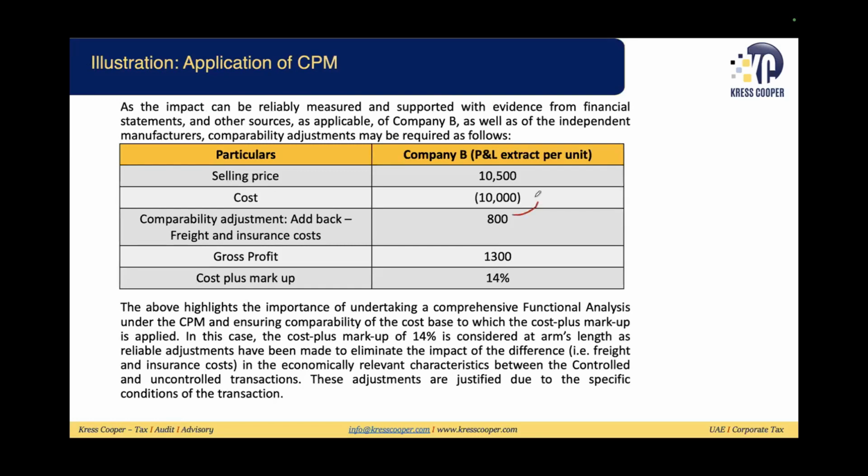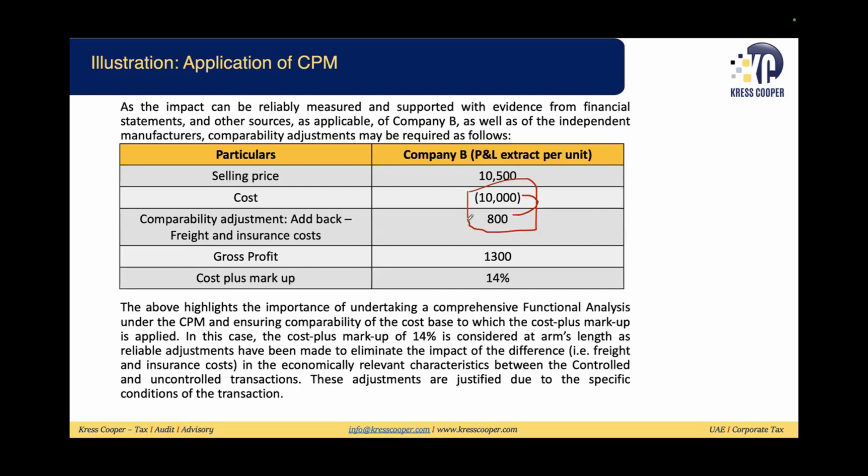It was already deducted from the cost, and we have added it back. Once we reduce this cost, it is an apple to apple, like to like comparison. 10,000 less 800, 9,200 is my cost. This is the apple to apple cost.